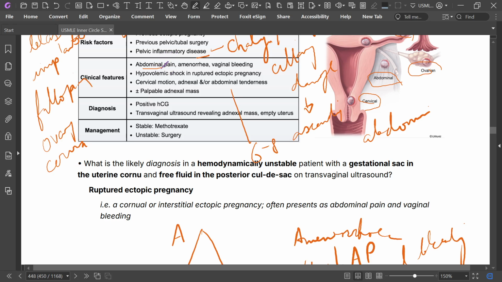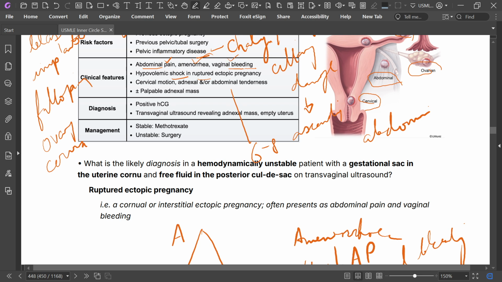The pain is described as crampy, or sharp, severe abdominal pain, and may indicate tubal rupture. In a ruptured pregnancy, hypovolemic shock can happen. And there is vaginal bleeding. So these three: abdominal pain, amenorrhea, vaginal bleeding.